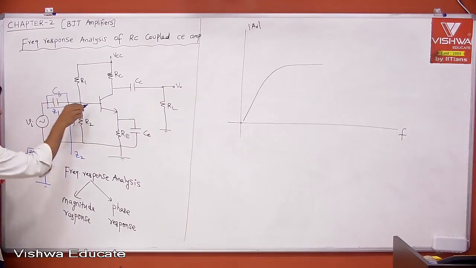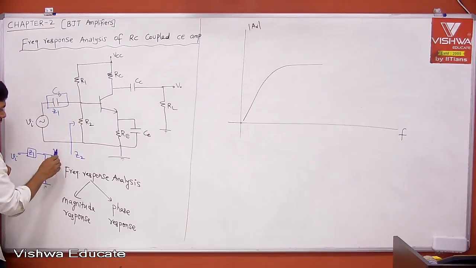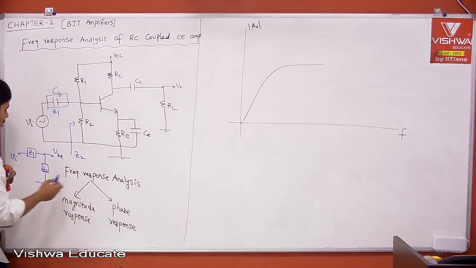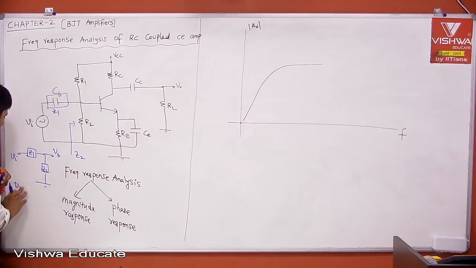Now the actual input you are applying to your transistor, let us say this is VBE, or VB, the voltage at the base. VB is equal to Z2 divided by Z1 plus Z2, into VI.